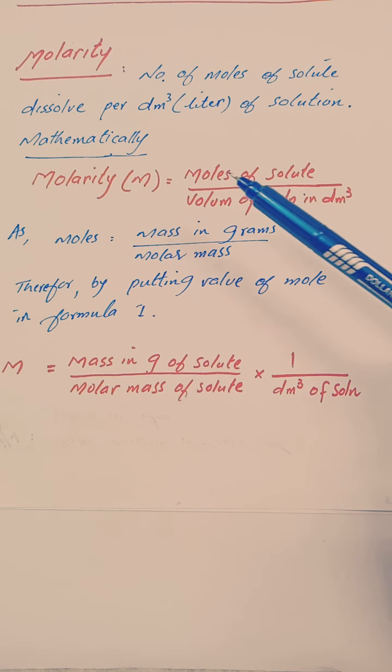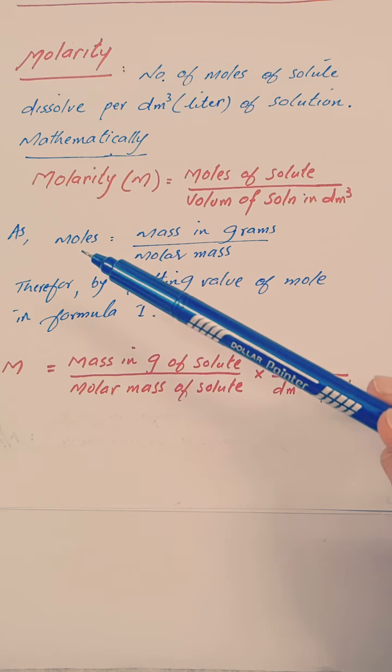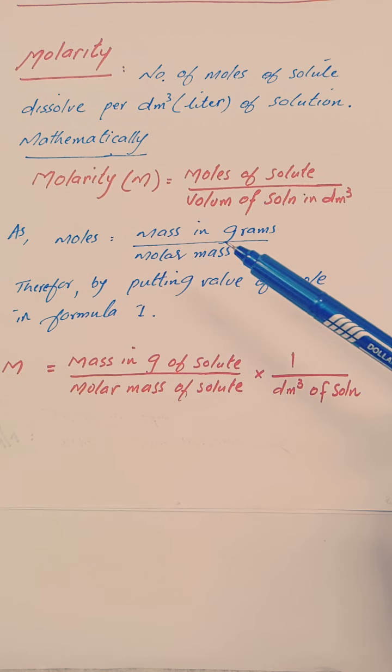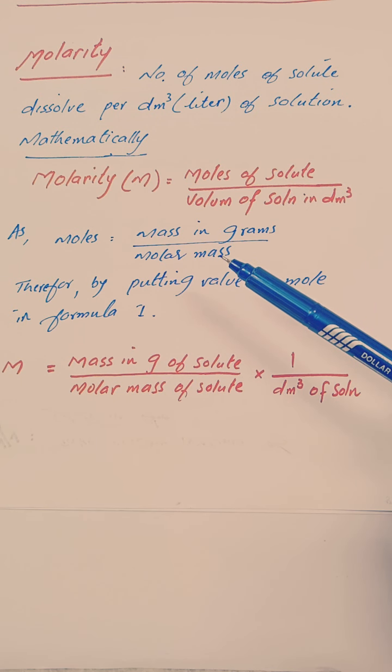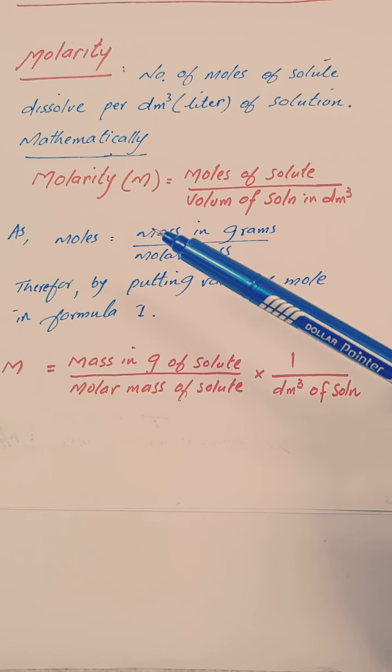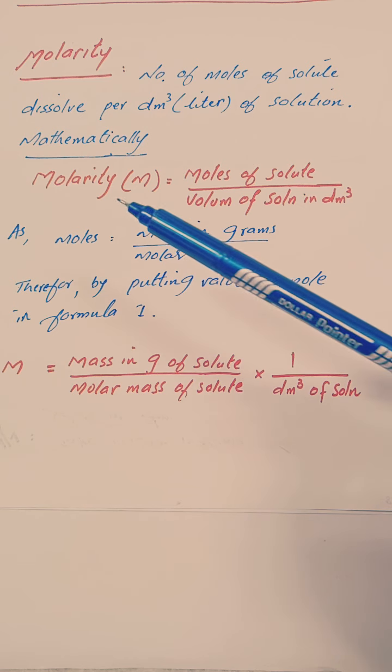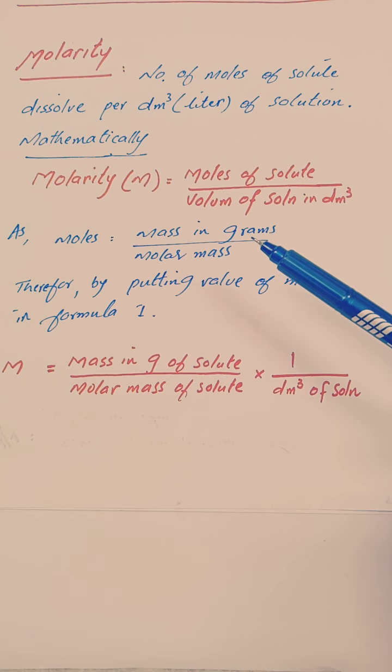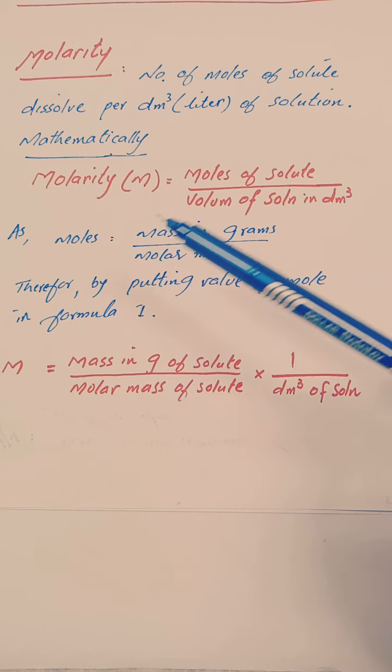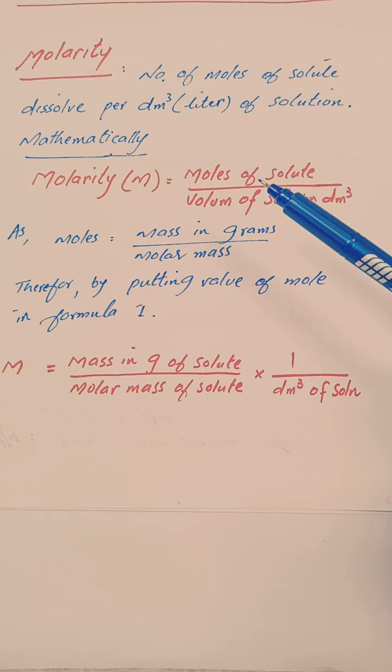According to the definition of mole, we know that mole of a substance is equal to mass in gram divided by molar mass. So in order to find out the molarity in terms of mass, put the value of moles in equation number 1.